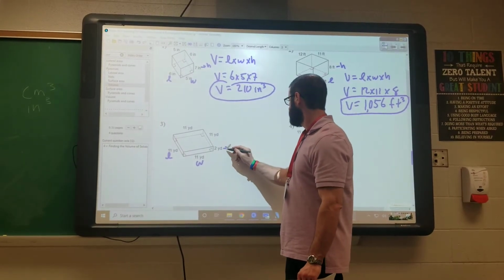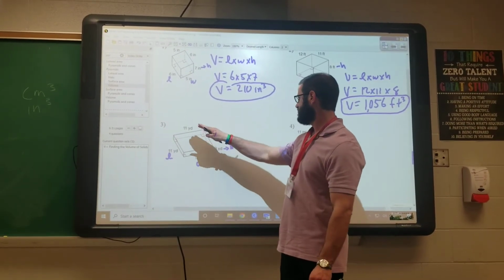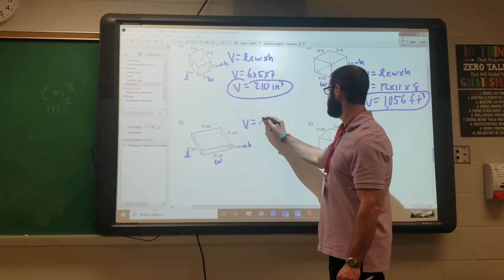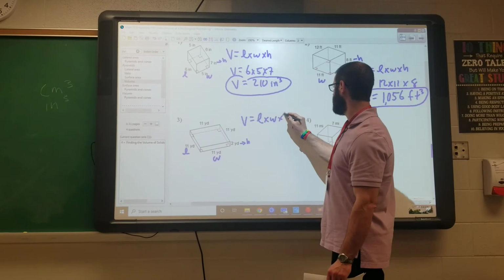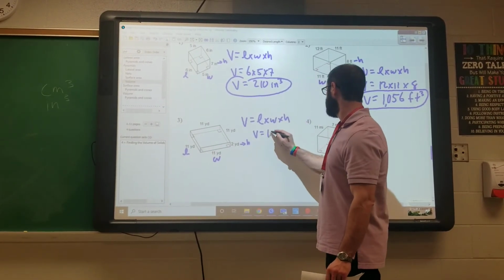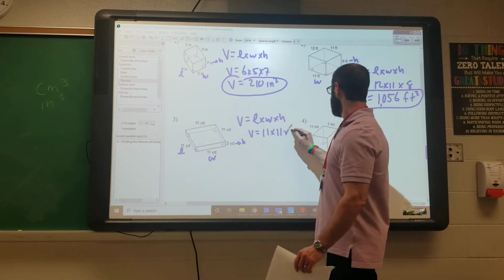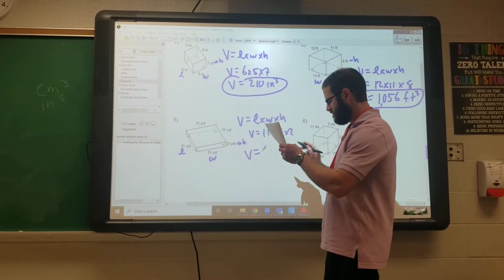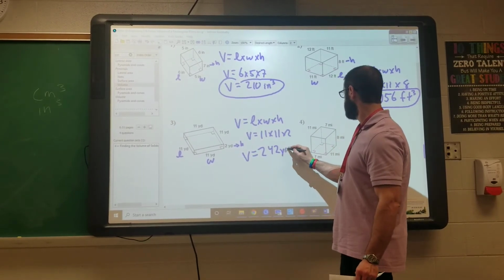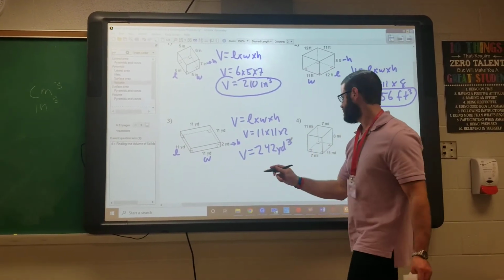Again, the height is just the distance between the bases. So volume equals length times width times height. We're going to go 11 times 11 times 2, and we're going to get a volume of 242 yards cubed, or cubic yards.